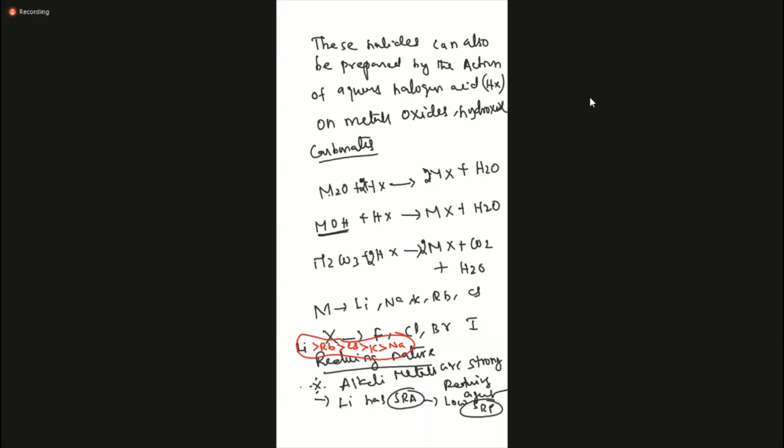Sir, why is helium not there in the s block? Helium is a noble gas. Its electronic configuration is 1s2, a completely filled configuration.